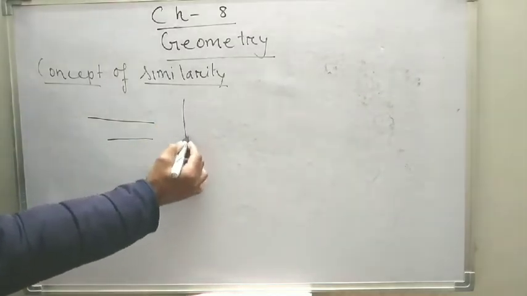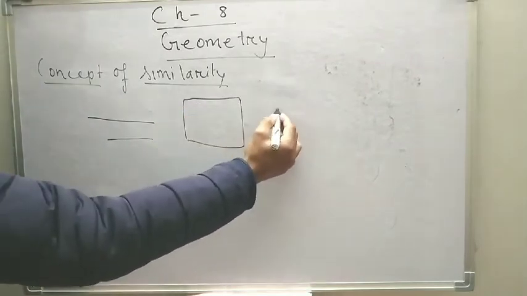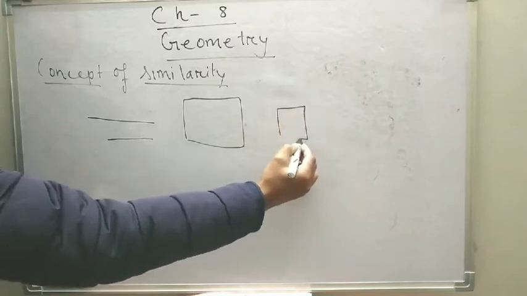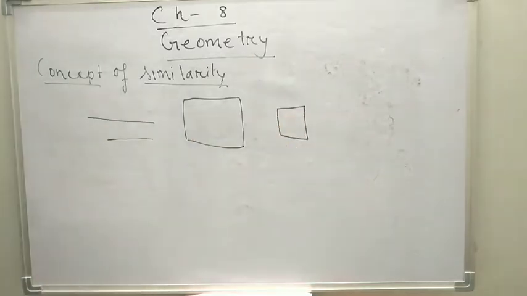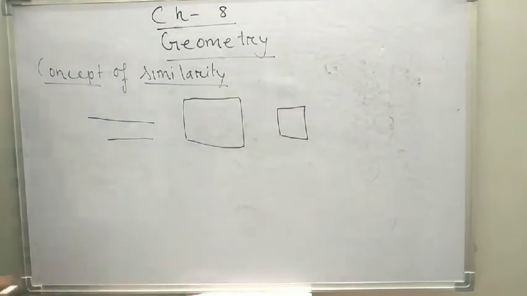If I say this square is similar to this square, what is happening here? The size of one square is decreasing with the same ratio as the size of the other square. So this type of figure is known as a similar figure.